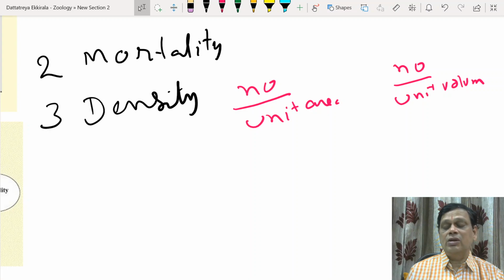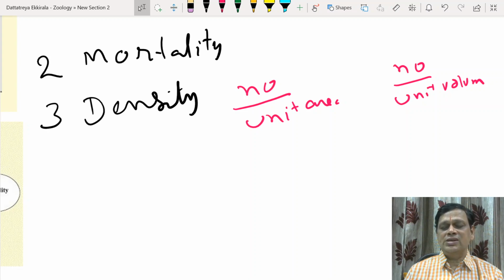But if there is a lot of difference in two different organisms showing a huge difference in their size, then what do you have to compare? If you try to compare one elephant and one rat, you would say elephant density is less. No. Then try to take, for example, plants: some cover a large area, some plants are small. So percent cover.